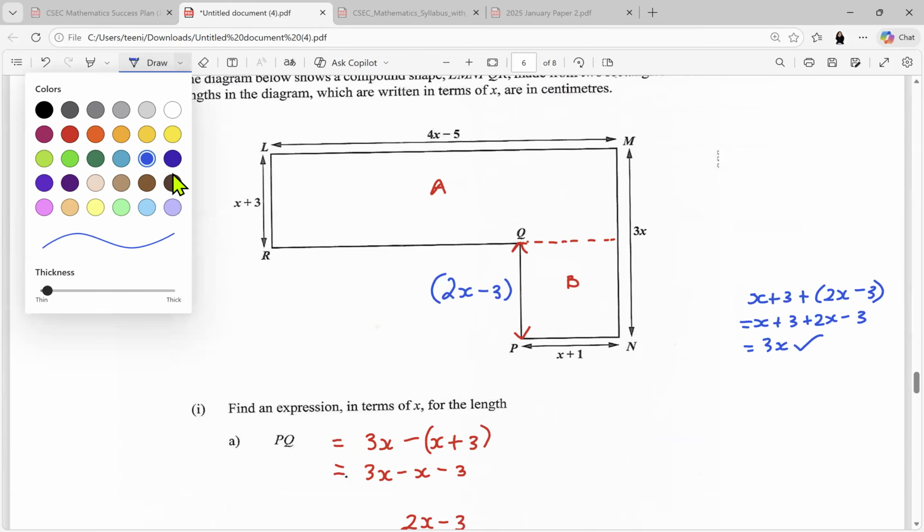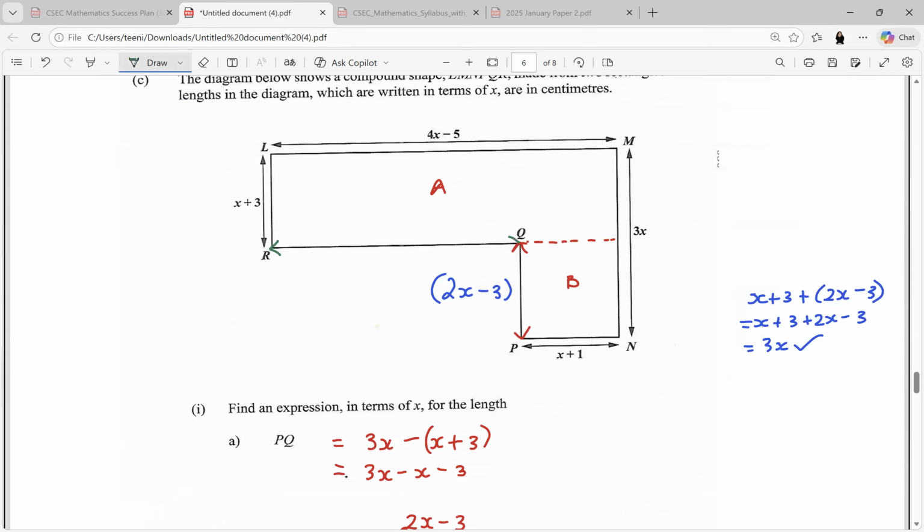So RQ is from here to here. Now we already know that here is x plus 1. So from here to here is x plus 1, and we have the entire distance from here to here, that's LM, that's 4x take away 5, then RQ will be 4x take away 5, the entire distance up here, minus x plus 1.